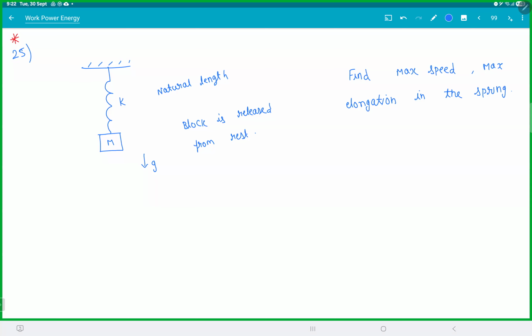So find the maximum elongation in the spring and the maximum speed of the block. Try, give it a try.